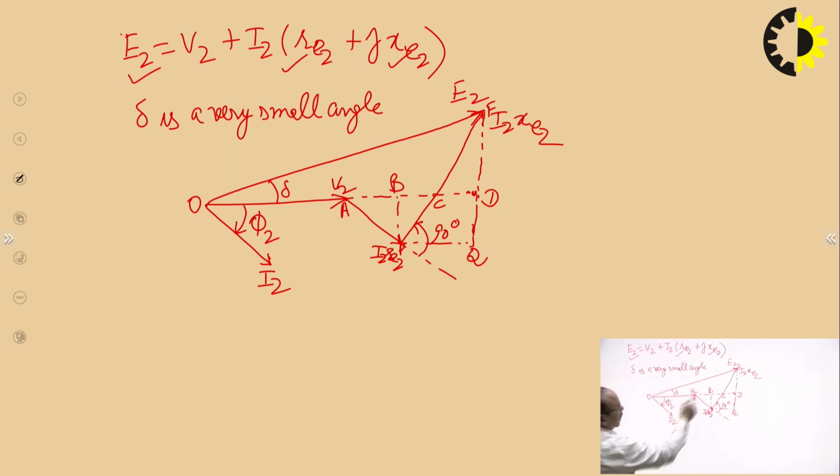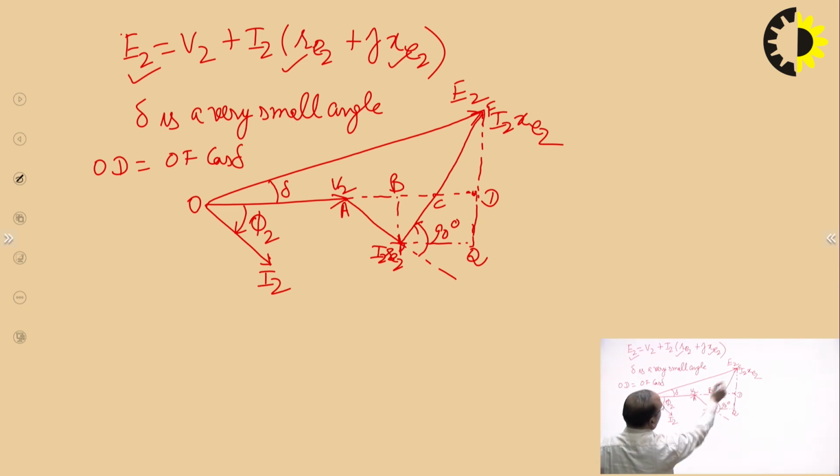Now, from this diagram we can see OD equals OF cos delta. From this right angle triangle ODF, OD equals OF cos delta, and since delta is a very small angle, cos delta will be very near to 1.